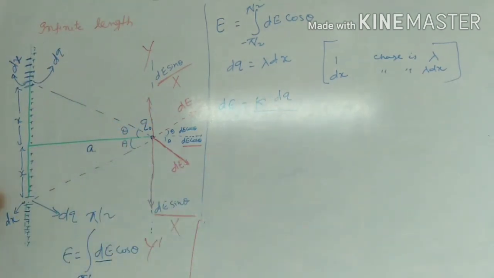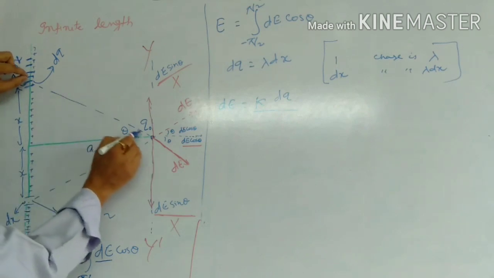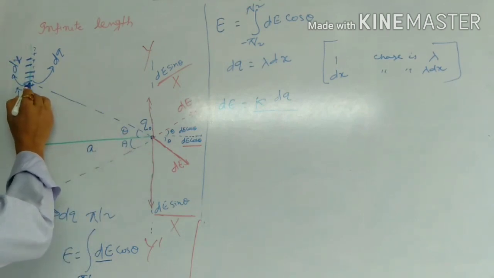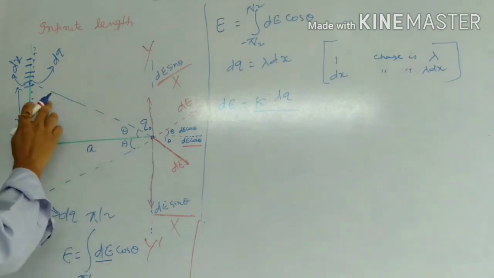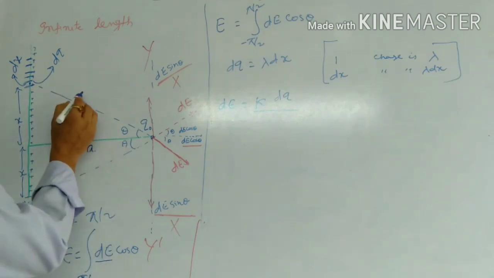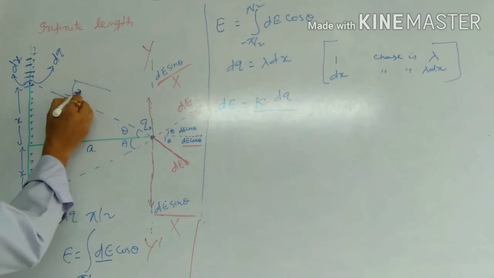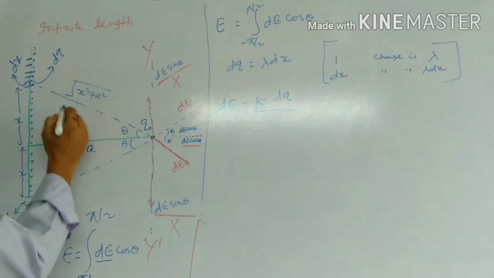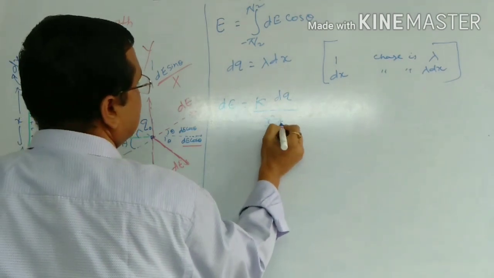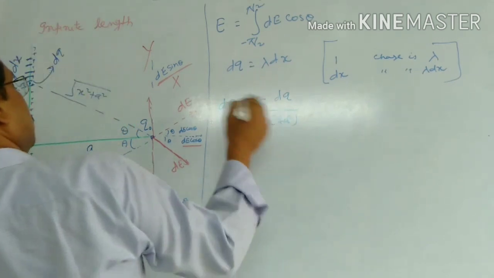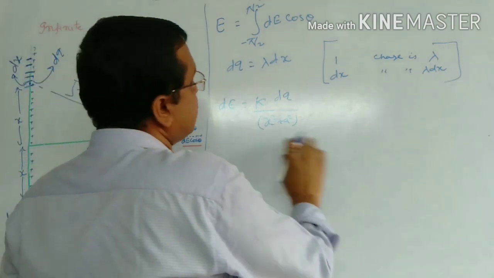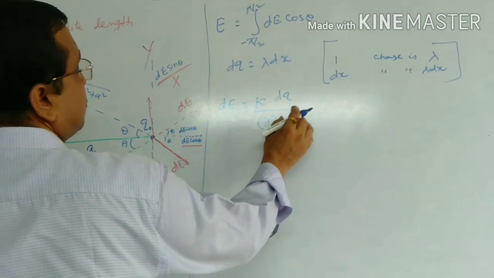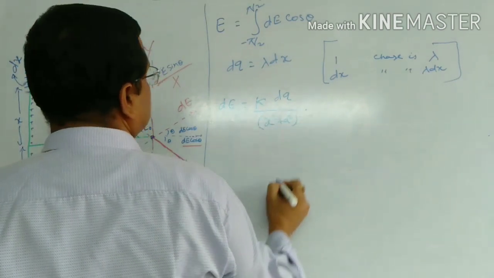What is r square here? This distance, because we have to take this charge. First charge is here, second charge is here, so the distance between these is this distance, and this distance is definitely x square plus a square. So r square is x square plus a square, and cos theta.